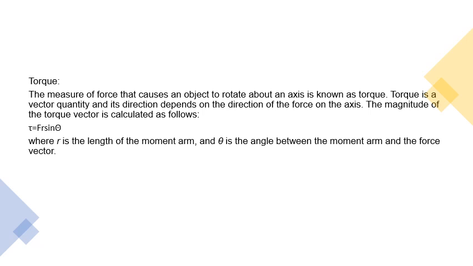This rotation is possible when we have two forces in opposite direction. Whenever anything rotates about an axis, it's called torque. Torque is a vector quantity and its direction depends on the direction of force on the axis.